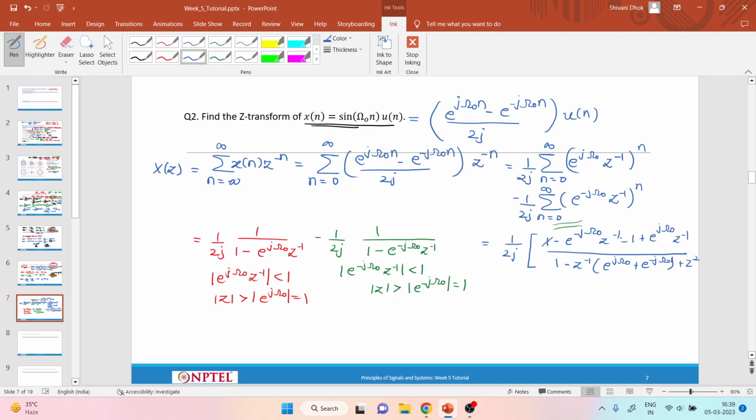So this 1 and this 1 gets cancelled, and this is simply z inverse, in the bracket I have e power j omega naught minus e power minus j omega naught whole divided by 2j, upon 1 minus 2z inverse e power j omega naught plus e power minus j omega naught divided by 2, plus z to the power minus 2.